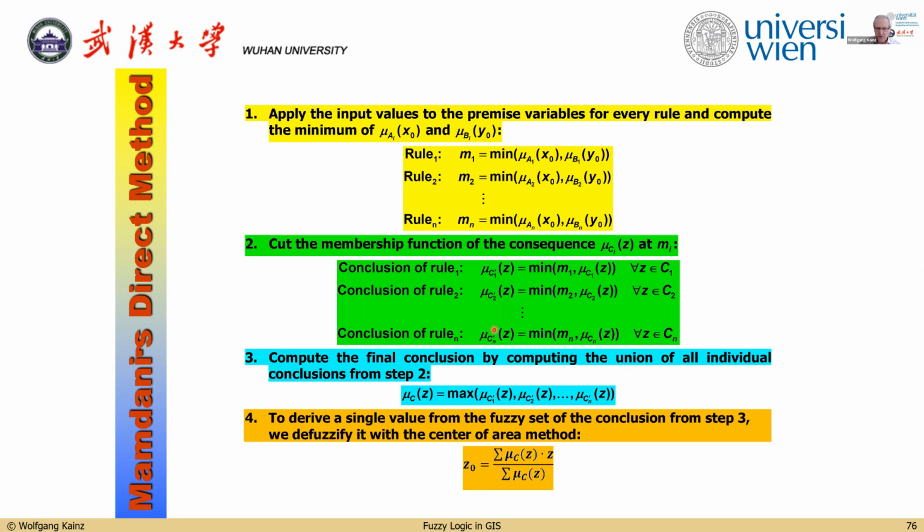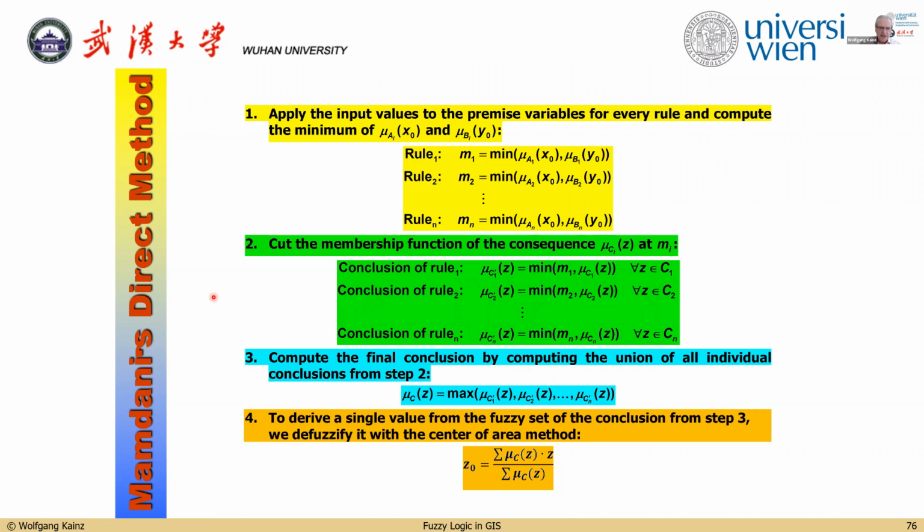So if we have n rules, we do that n times, and we end up with n truncated membership functions of the conclusion. Don't worry, I will just show you an example in a few minutes, and then it will become very clear. And if you look at the examples later on and you come back to that slide, you should understand what I just explained to you.